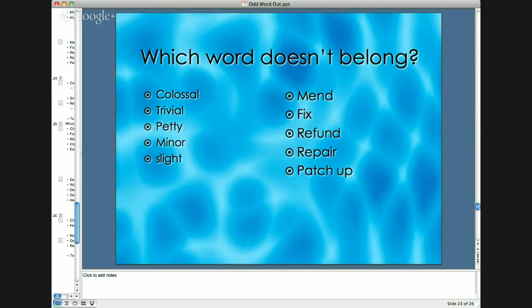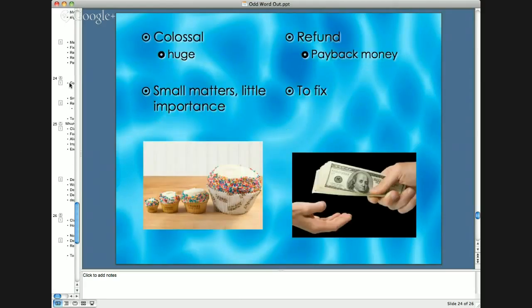Minor is just a little bit. Slightly, right? Just speak slightly louder. That means a little bit louder. If you were to commit a petty crime, right? This is just a small crime. And the same with trivial, right? It's trivial, it's little, it's not a big deal. So the answer is colossal. This means huge. We can see a tiny cupcake on the left and a colossal cupcake on the right. The rest are small. Like I said, small matters of little importance.